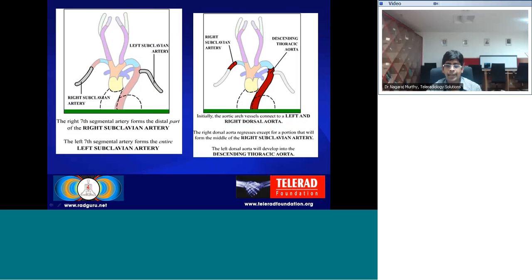The right dorsal aorta regresses except for a portion that forms part of the right subclavian artery. The left dorsal aorta will develop into the descending thoracic aorta.